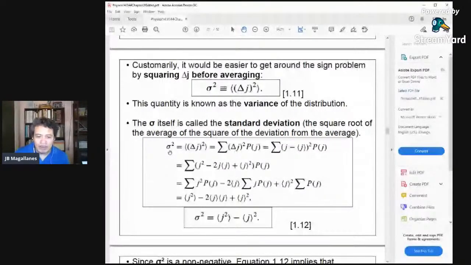If you do that mathematically, you get the average of the variance, and what's inside this grouping symbol, you have to put inside the summation times the probability.